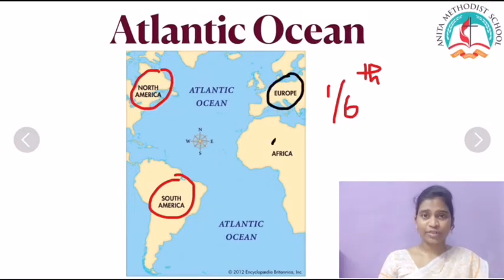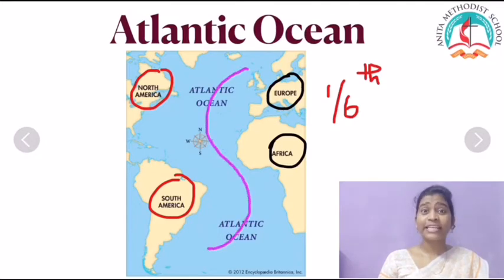Like Pacific, it stretches from the Arctic Ocean in the north to the Southern Ocean in the south. The shape of the Atlantic Ocean resembles the letter S. You can see in the picture here, and this Atlantic Ocean is the busiest shipping route between the Eastern and Western Hemisphere.